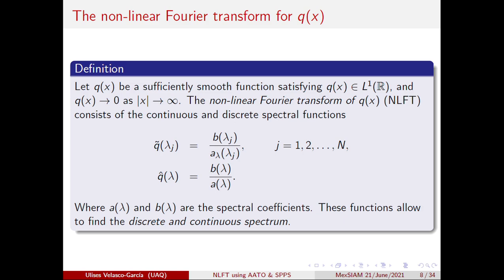Okay, so I'd like to show you this definition for the scattering data. We have the continuous and the discrete spectral functions. The discrete spectral functions are the division of the spectral coefficients, where we have a derivative by lambda for the A spectral coefficient, and this is called Q tilde, and Q hat is also a division of the spectral coefficients.